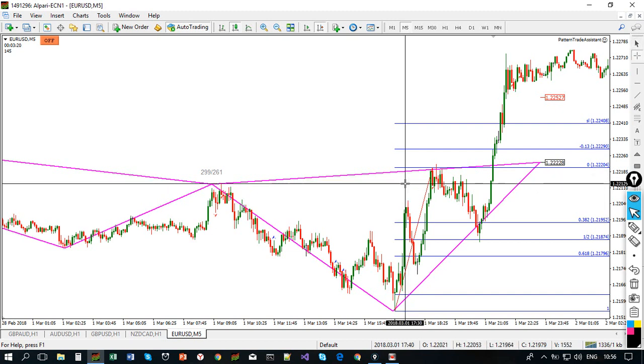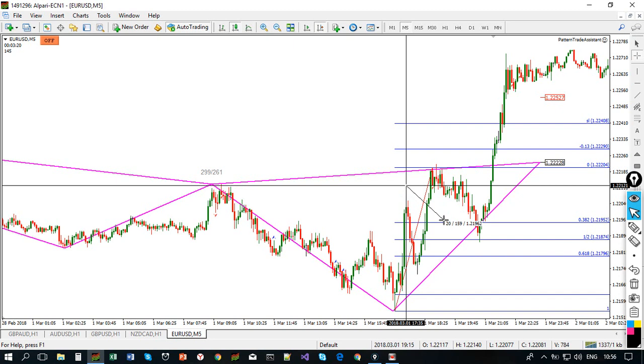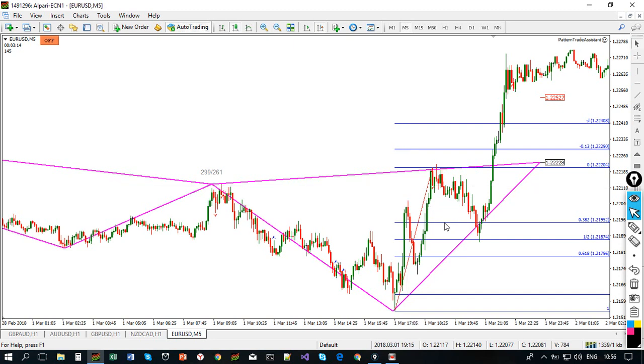Okay, so what do we have? We have the distance from here to here. It says 17.0. 17.0 is greater than 14.5. So if we risk our 14.5, let me draw that, 16, 15, 14.5, we add that to the entry, from entry higher, not from highest high, not from here, but from entry.